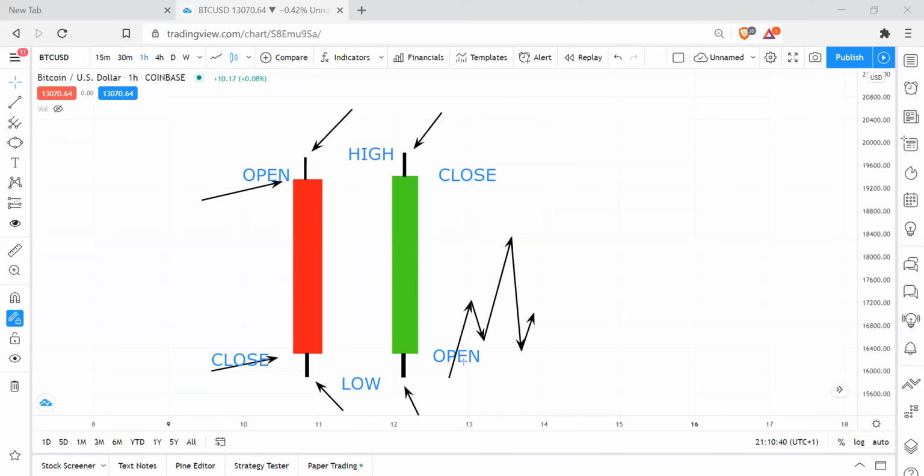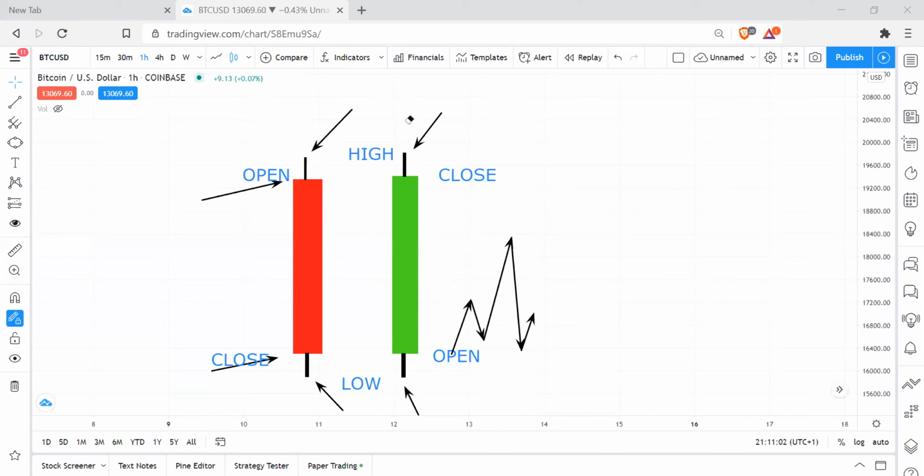Remember, let me adjust this. What's the open? The open is down here. So price could do this. It could go this way up, then come all the way down here.